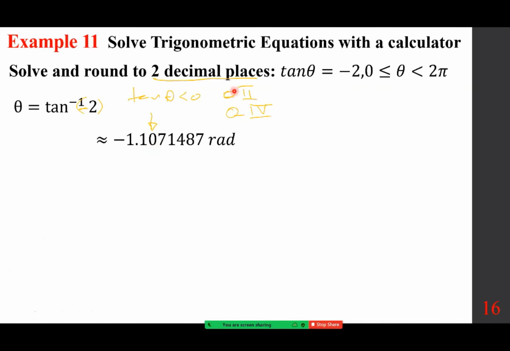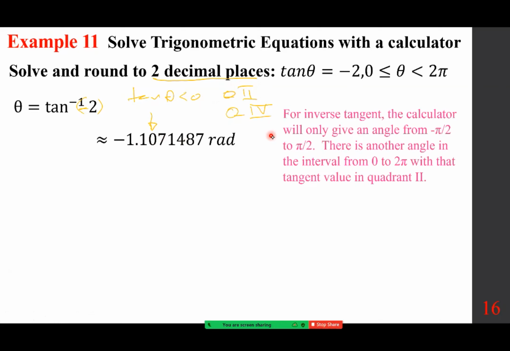So you add pi, puts you in the second quadrant. You add 2 pi, it gives you the answer in the fourth quadrant. So here's the explanation. For inverse tangent, the calculator will only give the angle from negative pi by 2 to pi by 2. There is another angle in the interval from 0 to 2 pi with that tangent value in quadrant 2. Therefore, first of all, we are going to round it because they said so to negative 1.11 radians.